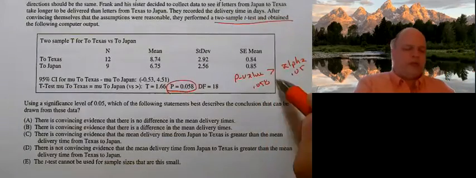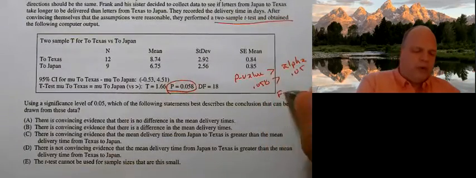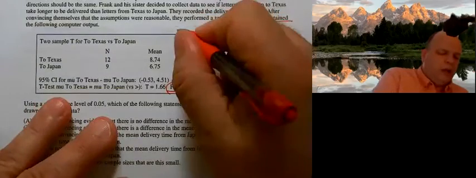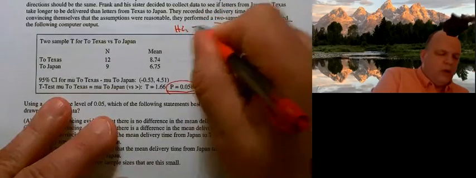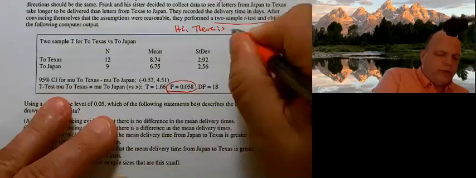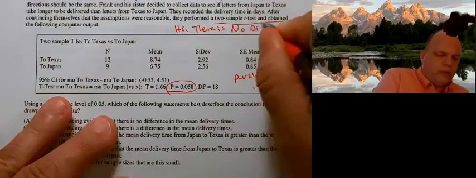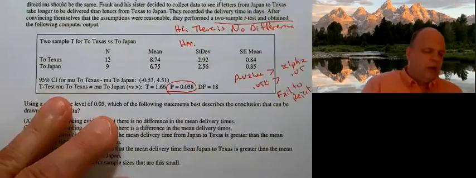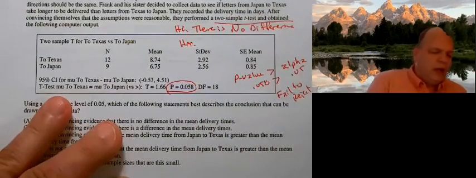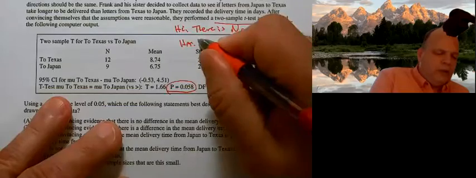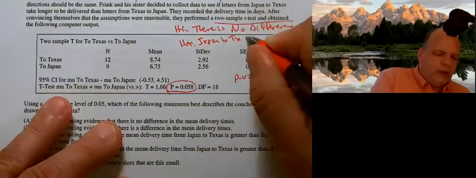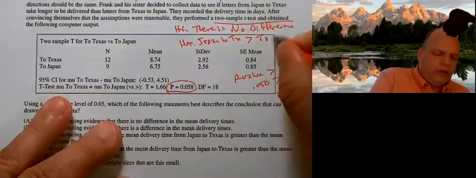So consequently, because it's greater than alpha, I'm going to fail to reject. Now, my null, H0, is that there is no difference. And my alternative is that the mean delivery time from Japan to Texas is greater than Texas to Japan.